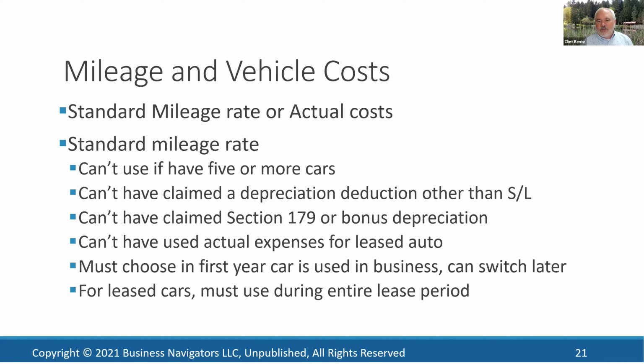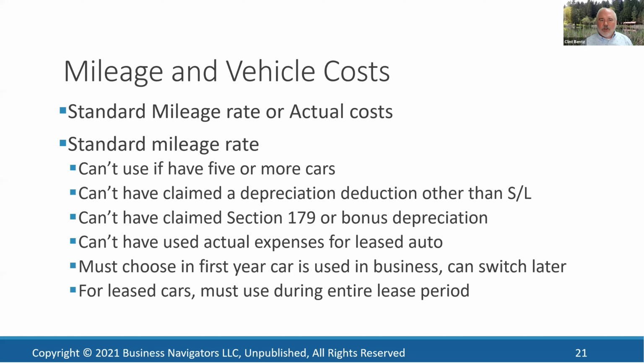You can't use it if you've claimed a depreciation deduction for the car other than straight line. You can't have claimed a Section 179 or bonus deduction on the car. And you can't have used actual expenses if you have leased the car. So you can use the standard mileage rate on either an owned car or a leased car. You can use the actual cost method on either an owned car or a leased car.